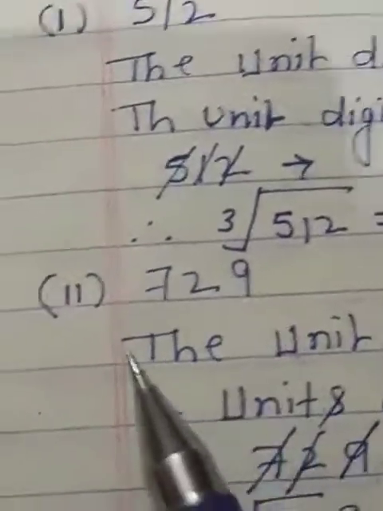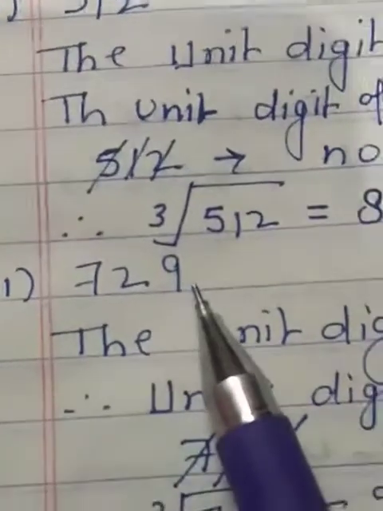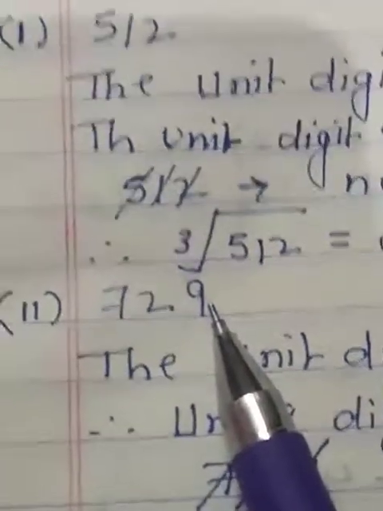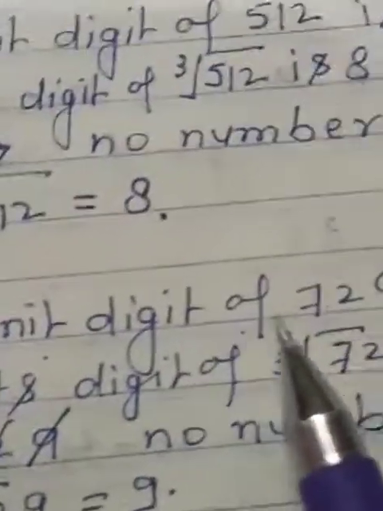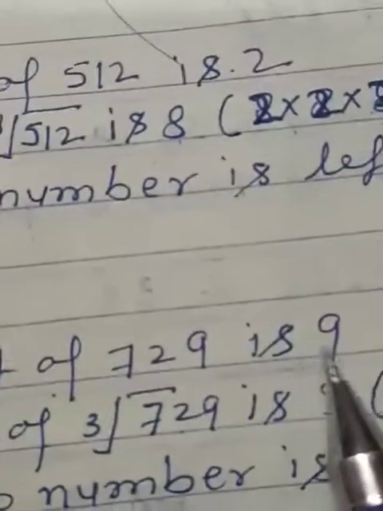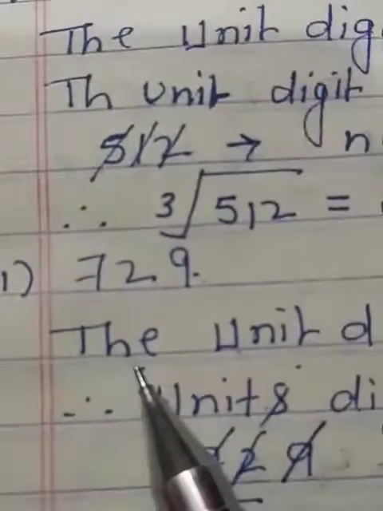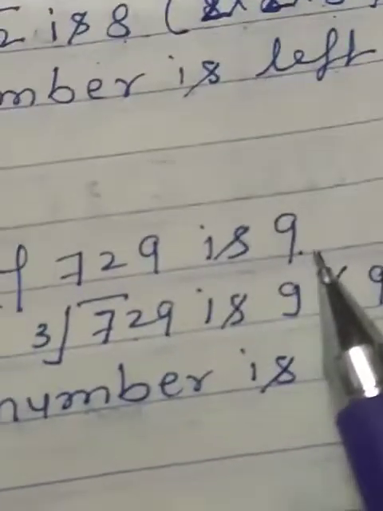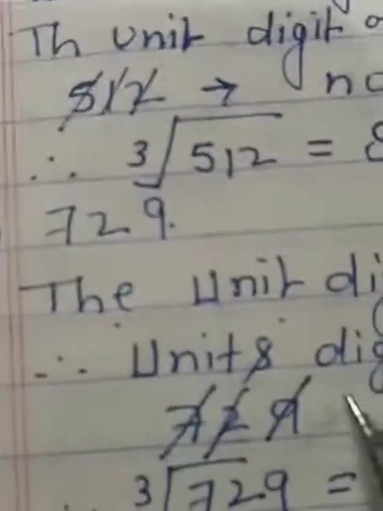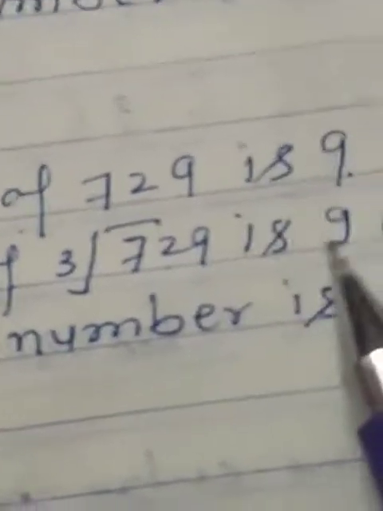We are taking another example, 729, a 3-digit number, and the last digit is 9. The unit digit of 729 is 9, and the unit digit of the cube root of 729 is 9.